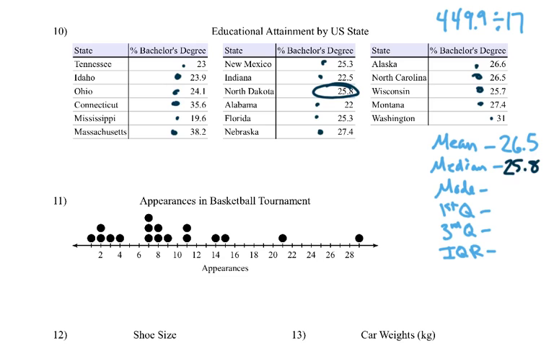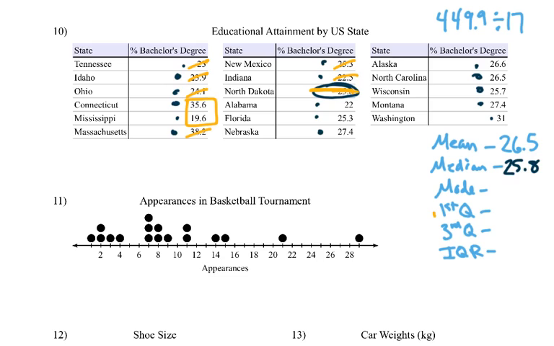Okay, then remember to find the first quartile. We eliminate that. So now I start to go the opposite way. And it's in between 35.6 and 19.6. Okay, so I go 35.6 plus 19.6.